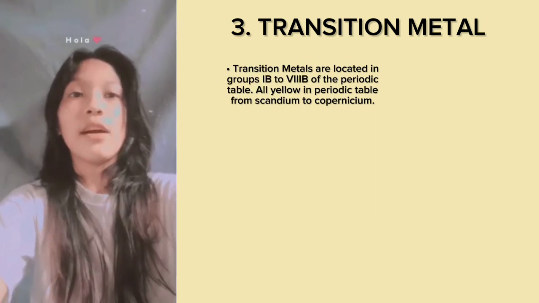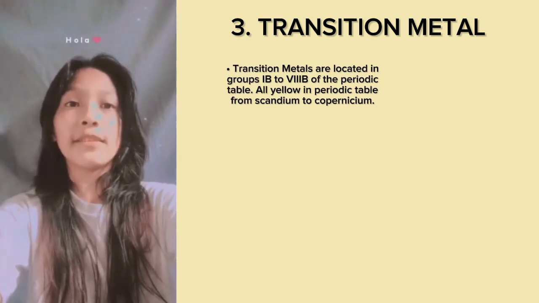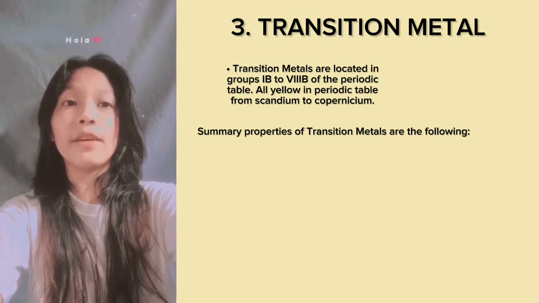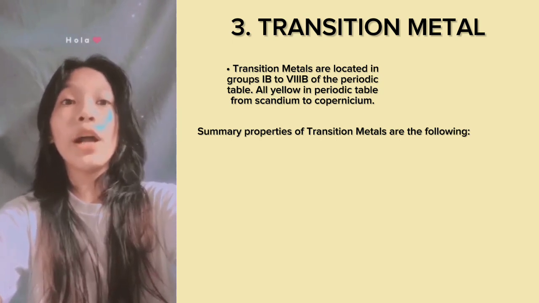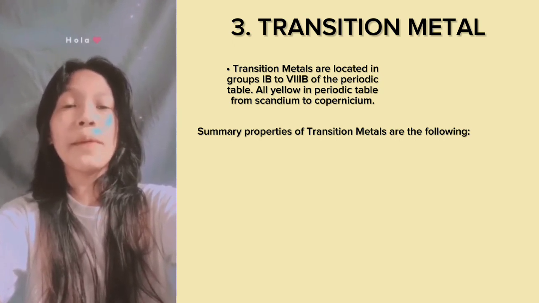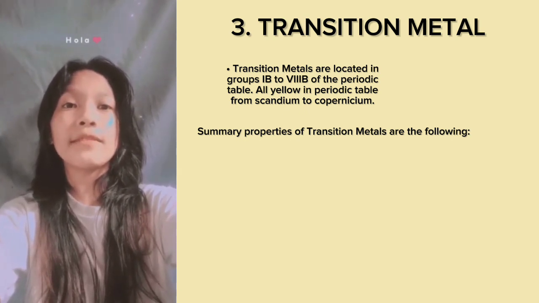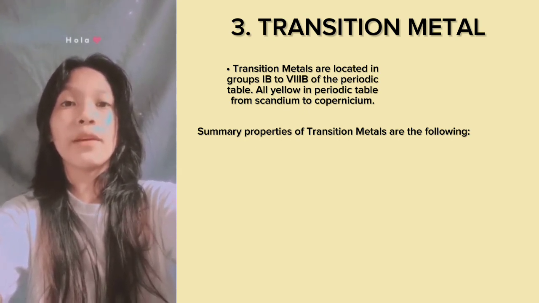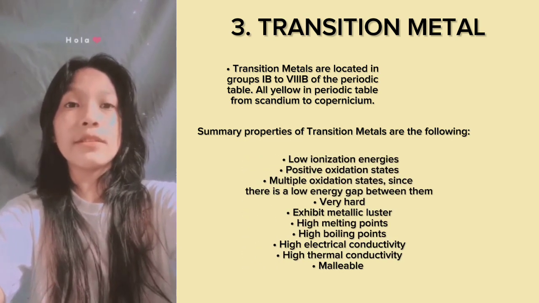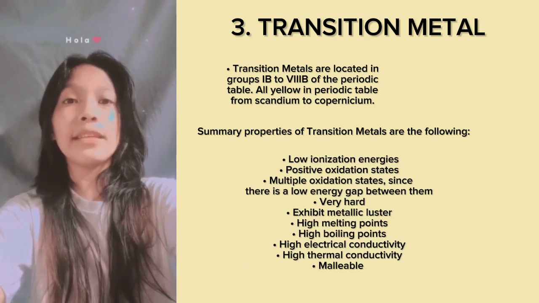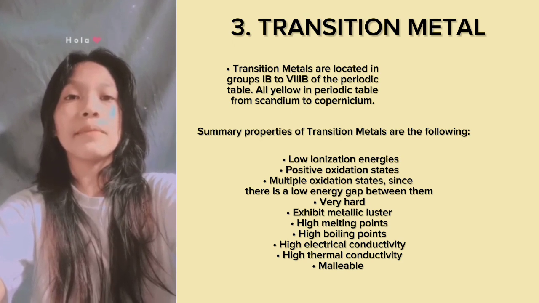Transition metals. Transition metals are located in groups 1B to 8B of the periodic table, all yellow in the periodic table from scandium to copernicium. Summary of properties of transition metals are as follows. Low ionization energies, positive oxidation states.